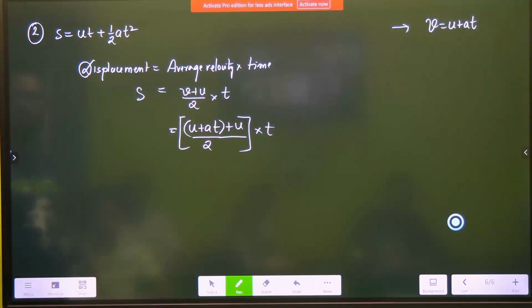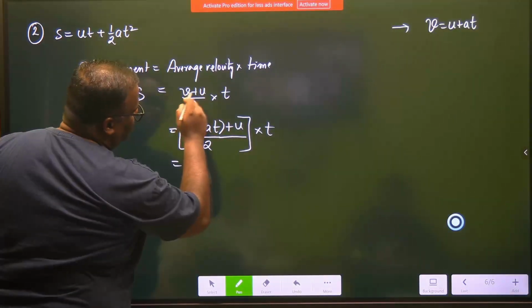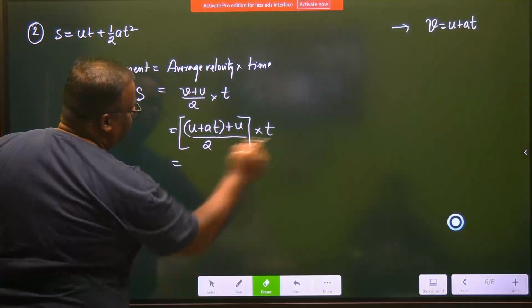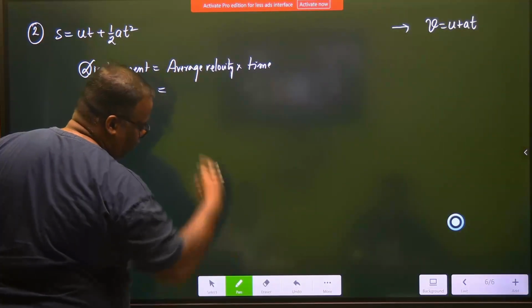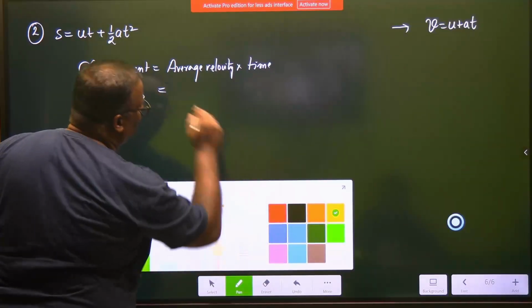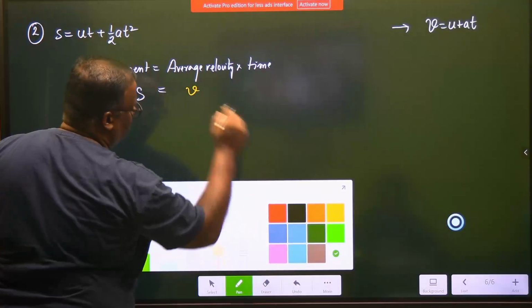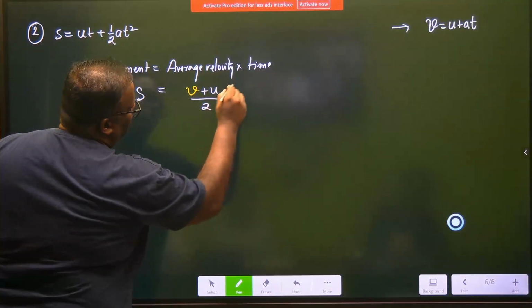Okay. So what does this give you? Now this 2 is over v plus u. v is this portion. Or for better understanding, let me write it like this. Then it will become clear for you. Now since you have seen it, I'm not changing anything. I'll write it as (v plus u) divided by 2 into t.